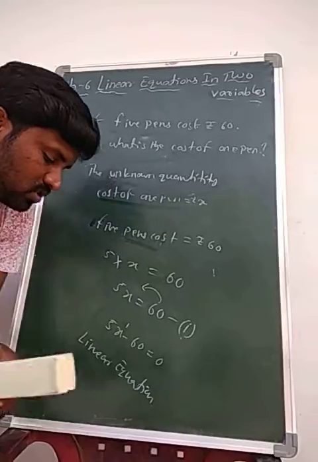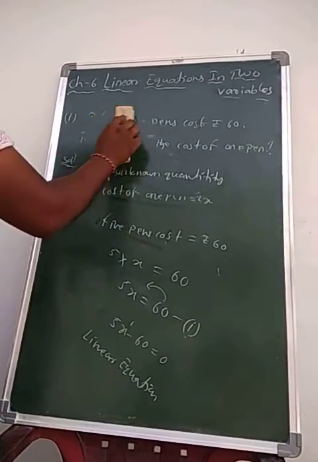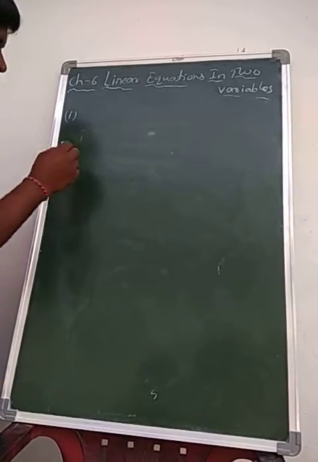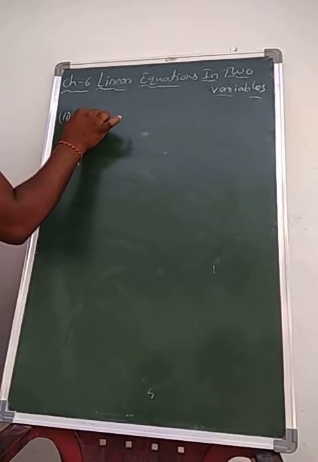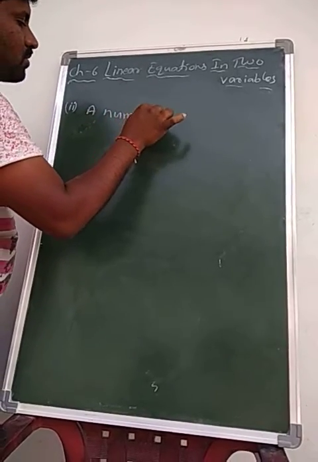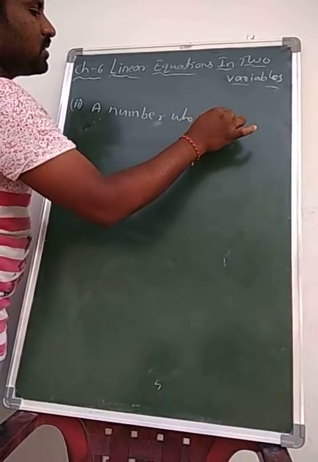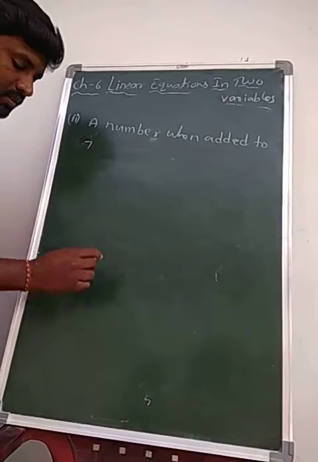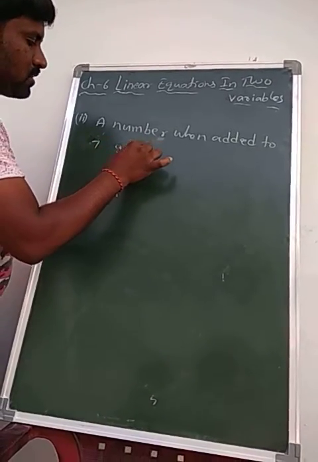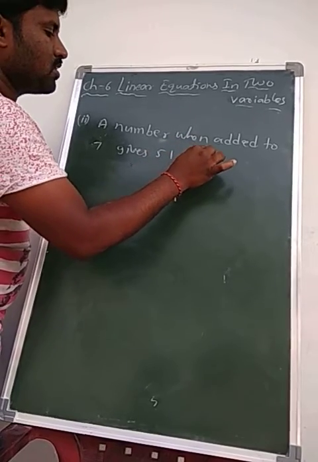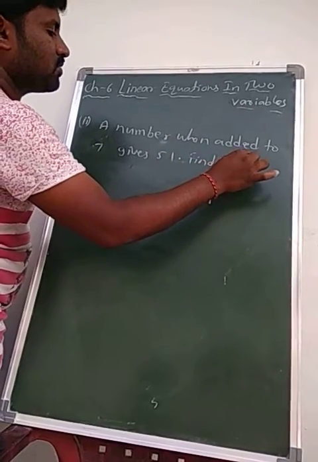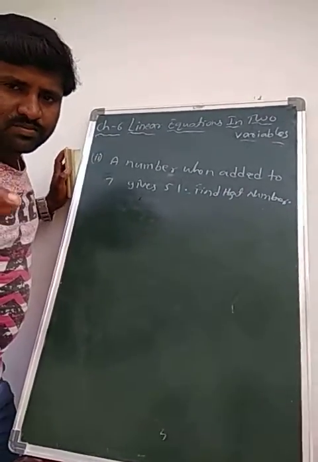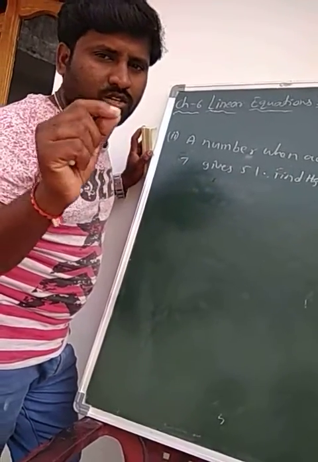Now see the second situation. A number when added to 7 gives 51. Find that number. In situation 1, the unknown quantity is the cost of 1 pen.